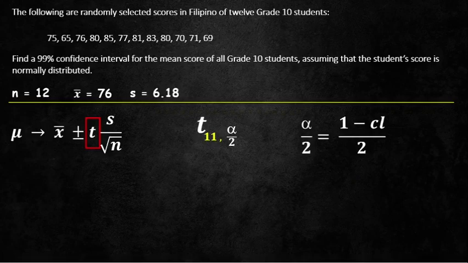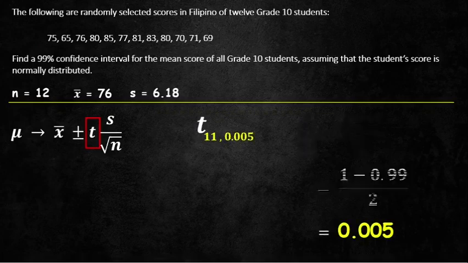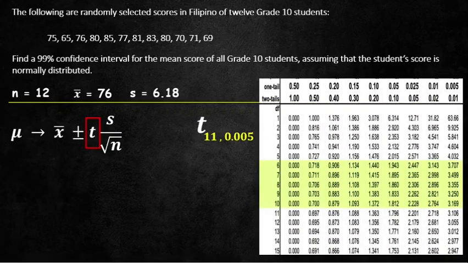The confidence level can be found here, which is 99%. That's 0.99 when converted into decimal. So 1 minus 0.99 divided by 2 is equal to 0.005. Substitute. And now let's bring out our t table.